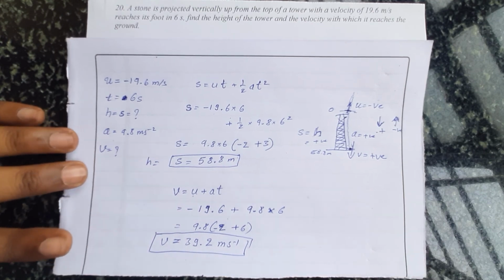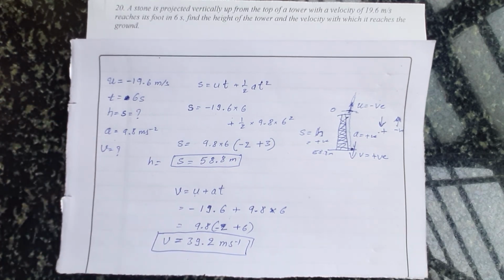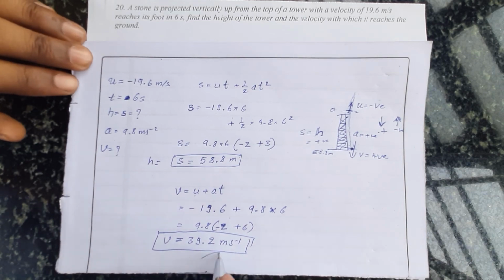So the basic logic of writing equations of motion for a body moving under the influence of gravity is also like this, if you remember carefully. This is about the question, and hence it is solved.